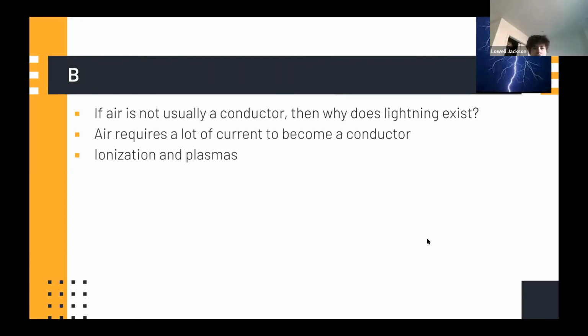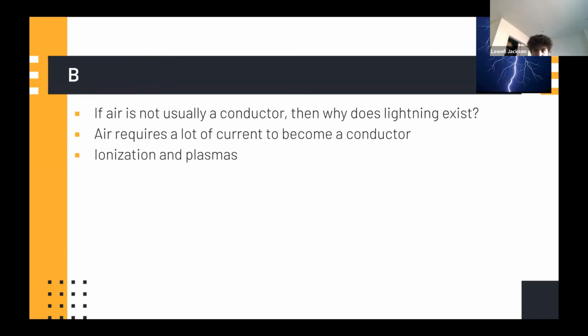All right, if air is not usually a conductor, then why does lightning exist? Air can behave as a conductor given a massive amount of current, but it doesn't conduct electricity the way metals do. It relies on ionization to become a conductor. Ionization is when a high amount of energy causes an electron and an air molecule or atom to discharge.